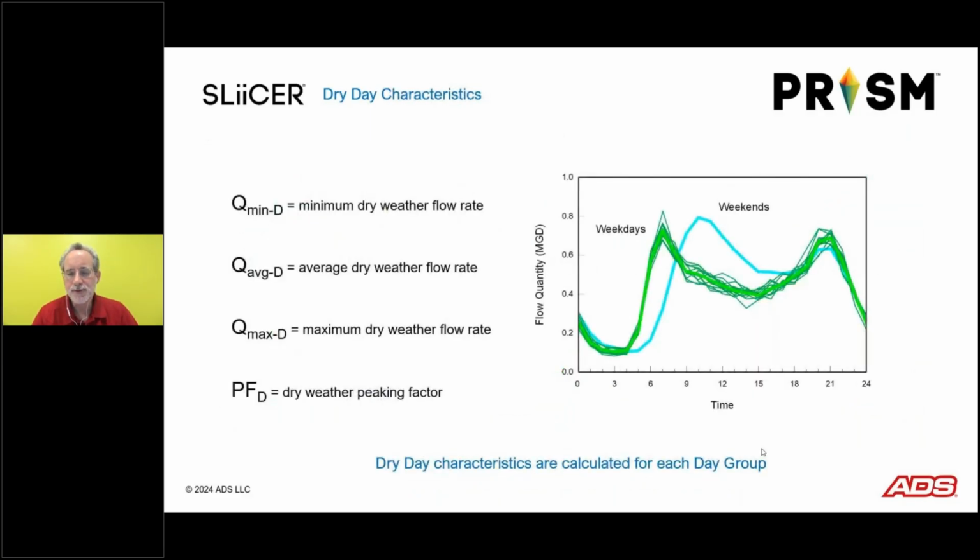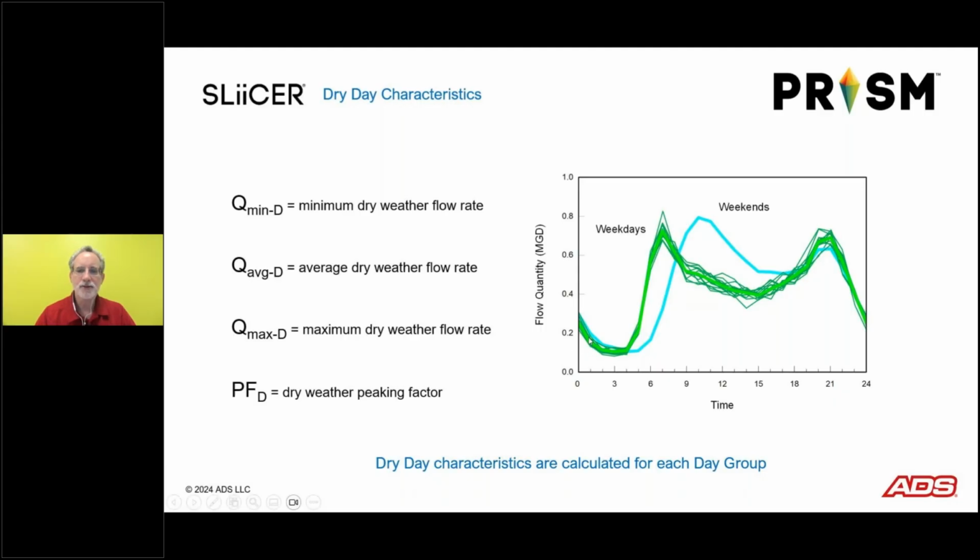Now, once we have these dry day curves, we can readily extract some useful statistics from them. The easiest thing to pull off is the basic statistics, and that is what I call the minimum and the average and the maximum dry weather flow rates. Now, with these minimums and maximums, these are not the minimum and maximum of all of the days.